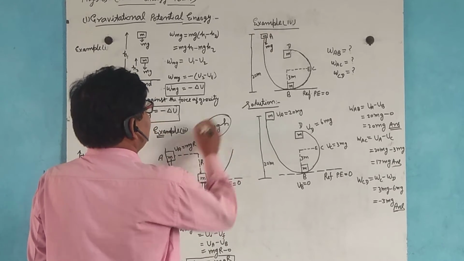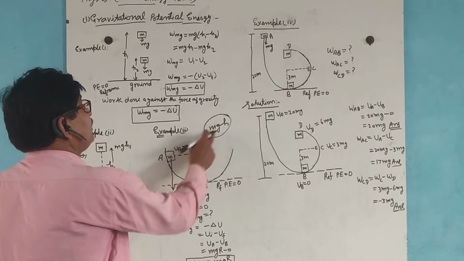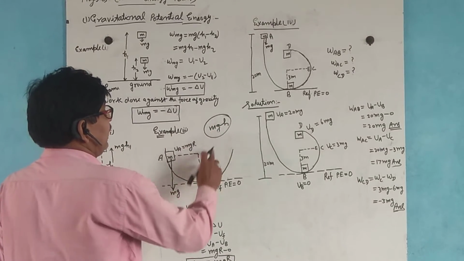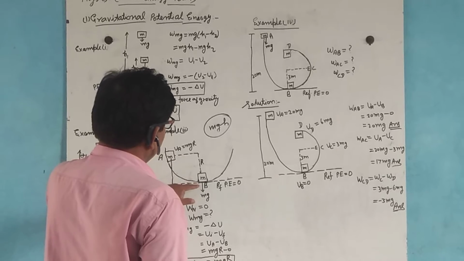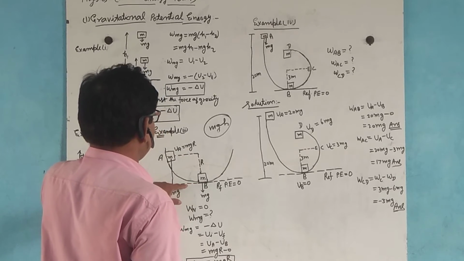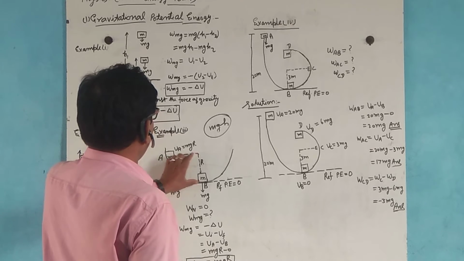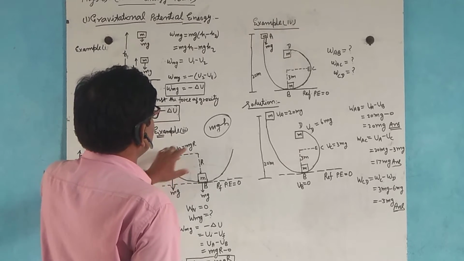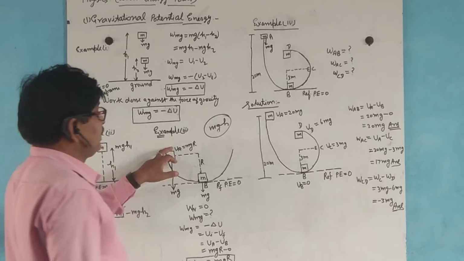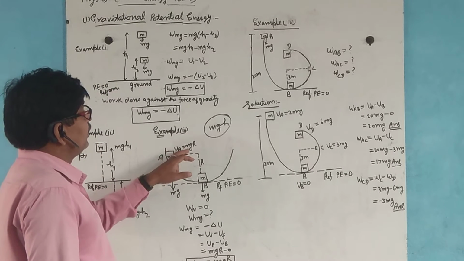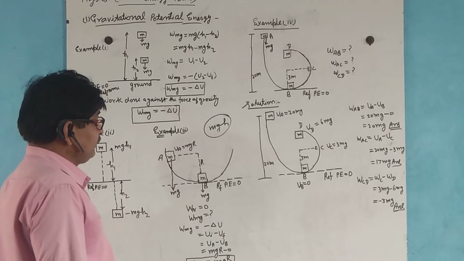In this case, m is mass, g is acceleration due to gravity, and h is height. This is the reference frame, and the height is r, so the potential energy at position A is mgr.